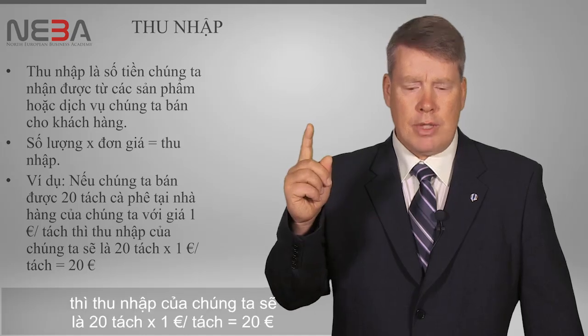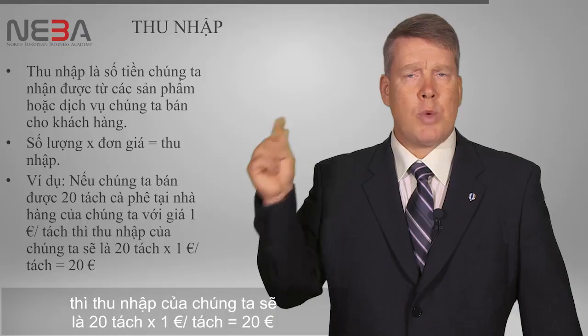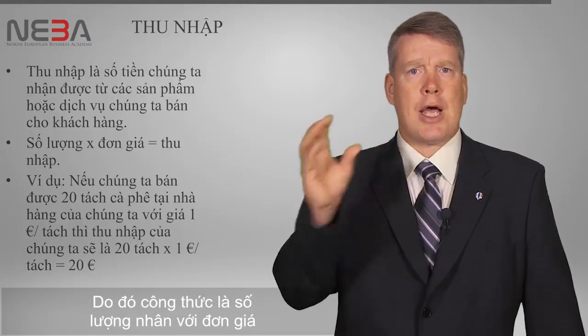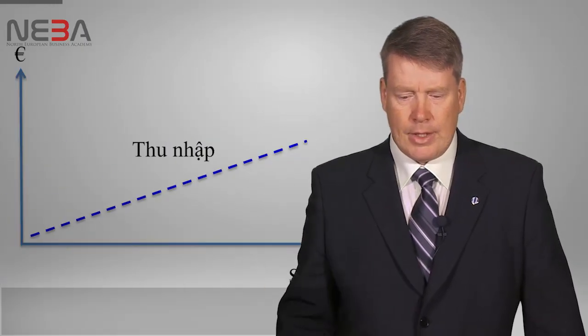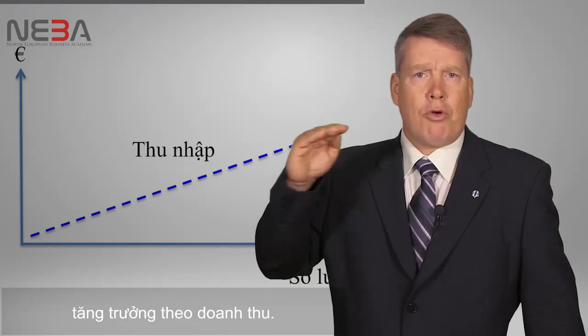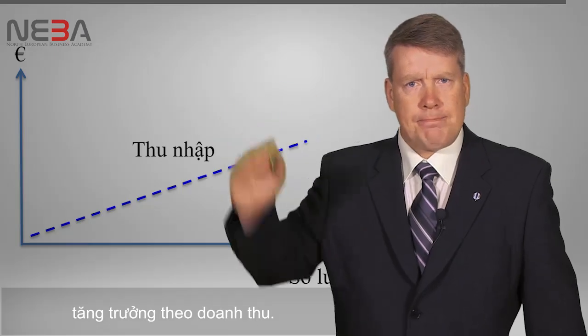Our income is 20 cups times €1 per cup, which is €20. That is our income. So units times the money per unit. And in this picture, you can see the illustration of how the incomes grow with sales.